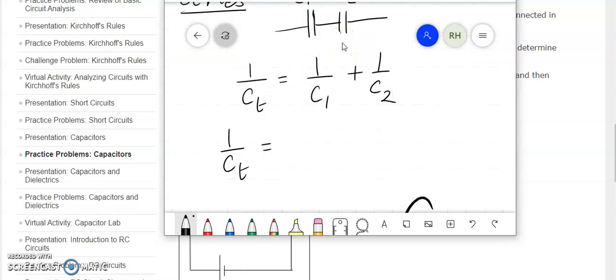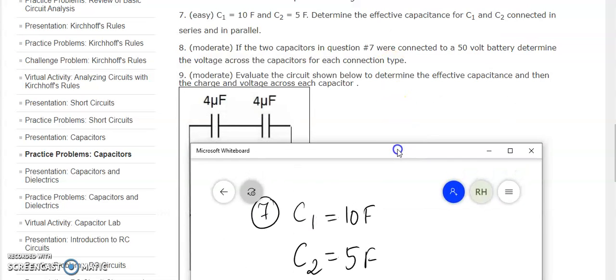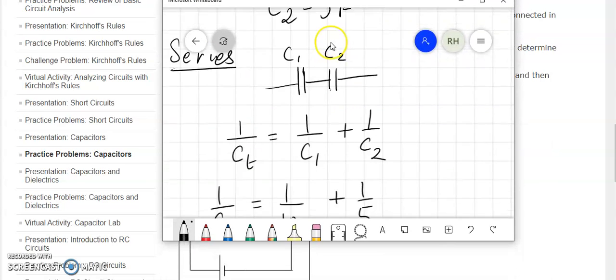So it's going to be 1 divided by 10 plus 1 divided by 5. Now don't forget that it's written as farads. So it's in its standard format, so you don't need to convert anything. It will stay as it is.